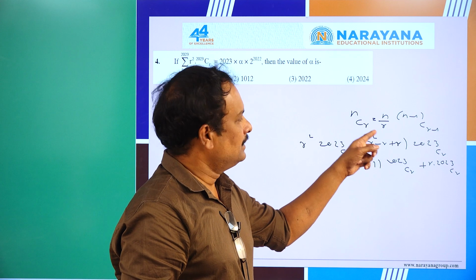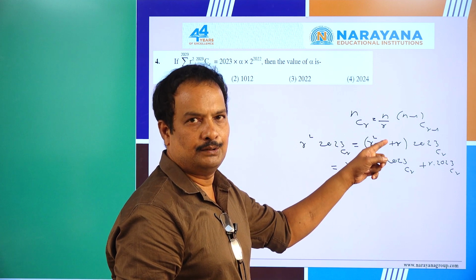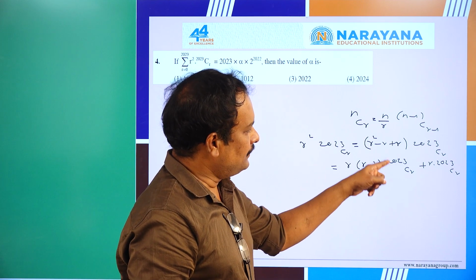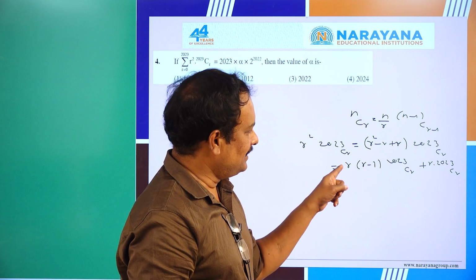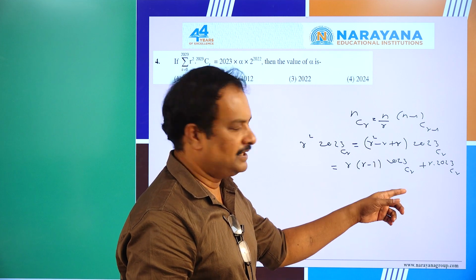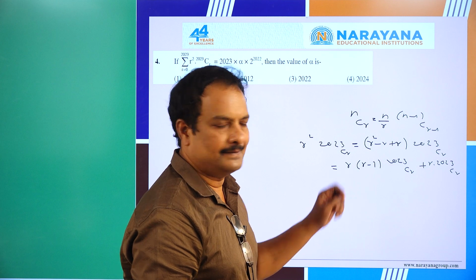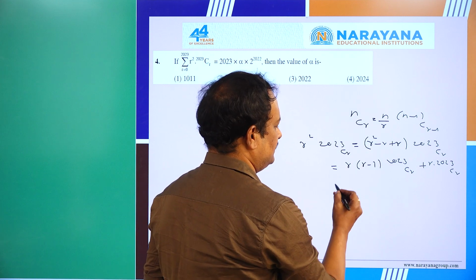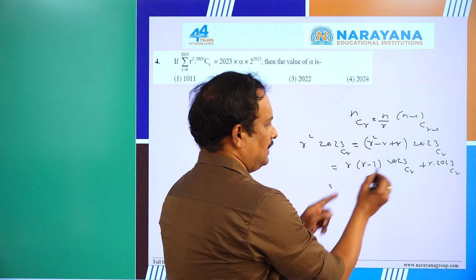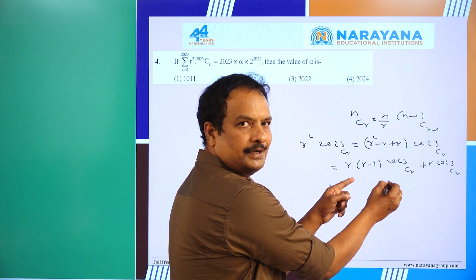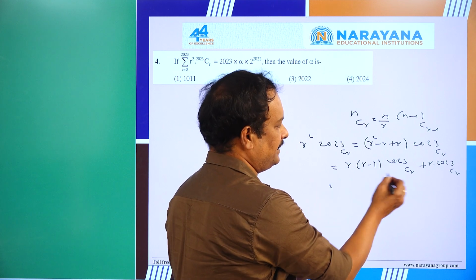But what about the NCR formula? Just now I told you the NCR formula is nothing but n by r into n minus 1 C r minus 1. So if you apply that formula once, then r will get cancelled. Again if you apply that formula, even r minus 1 will get cancelled. So applying this formula twice here, you are just going to get 2023 by r into 2022 C r minus 1.